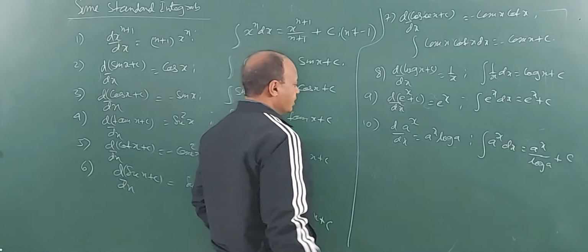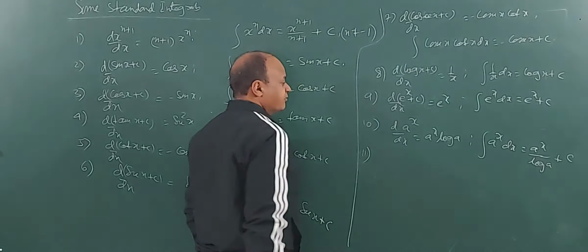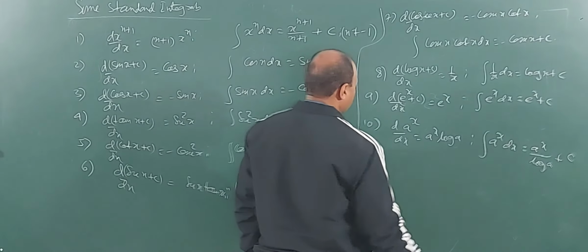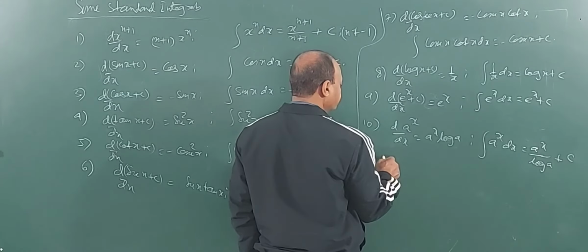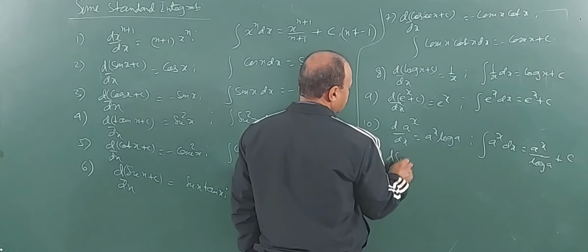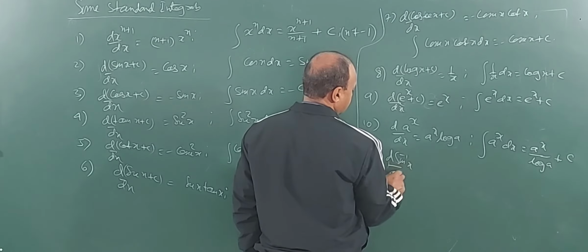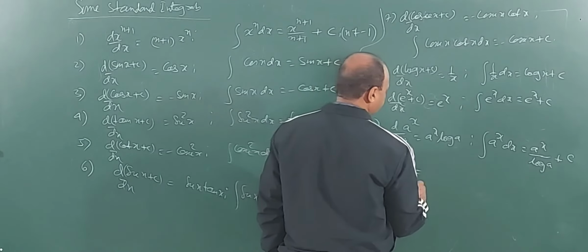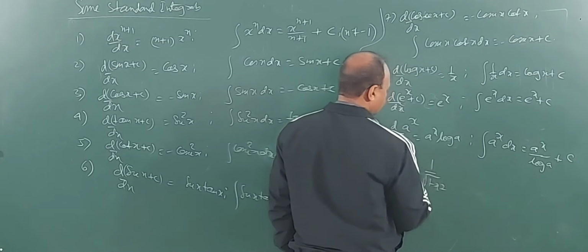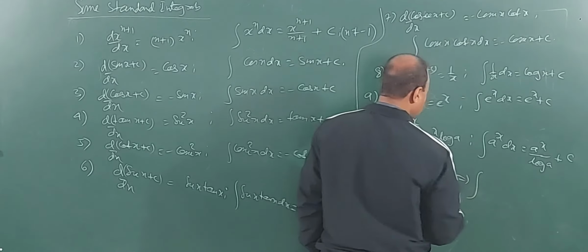Clear? Now, number 11, we also have done the derivative of inverse circular functions. We have derivative of sin inverse x with respect to x is equal to 1 by root over 1 minus x square. You can write c here, due to lack of space I am not writing.